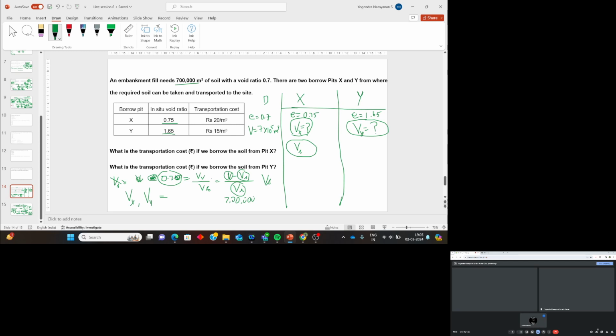Point 65 minus 417. 4797. Okay. Now you calculate the cost.